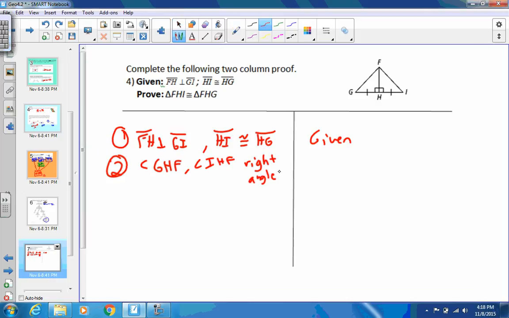Why are they right angles? Well, because perpendicular lines form right angles. I guess that's the definition of perpendicular lines.